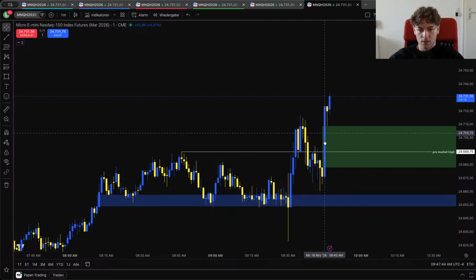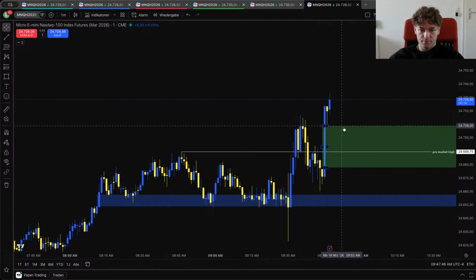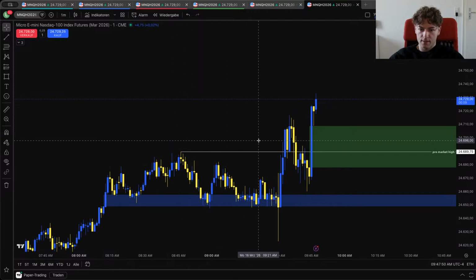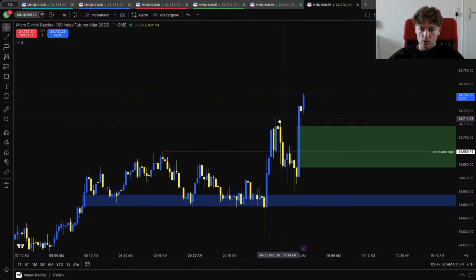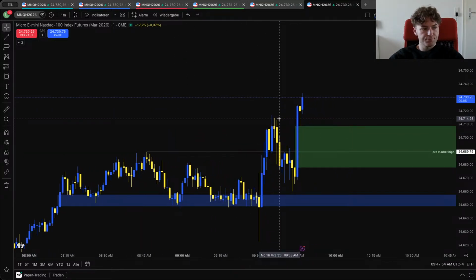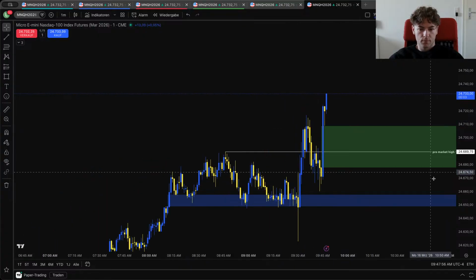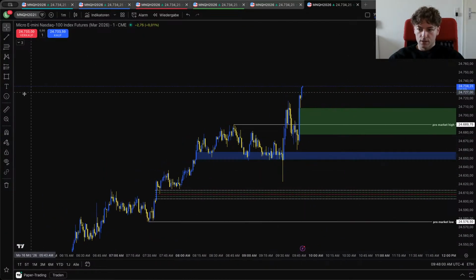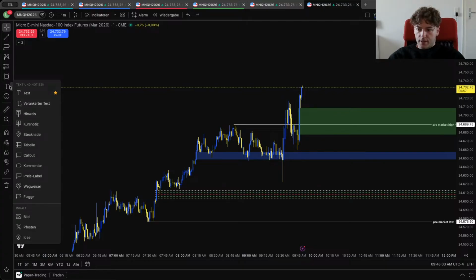So price is still above this first percent fair value gap and above pre-market highs. So let's see. But yeah, that's what I was saying.